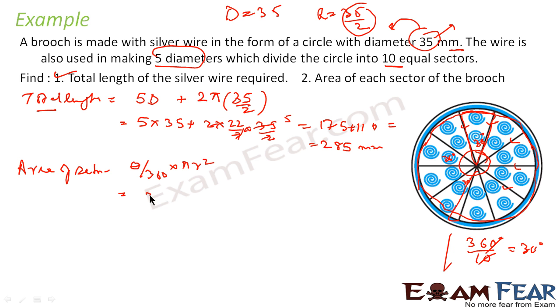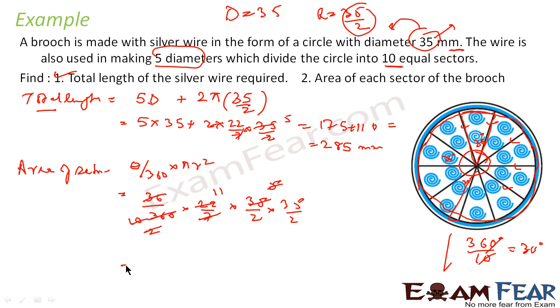So I'll put this as 36 by 360 into pi, I'll take 22 by 7 into r is 35 by 2 into 35 by 2. If you solve this, this gets cancelled. 5, 36 by 10, 5, 2, 2, 11.